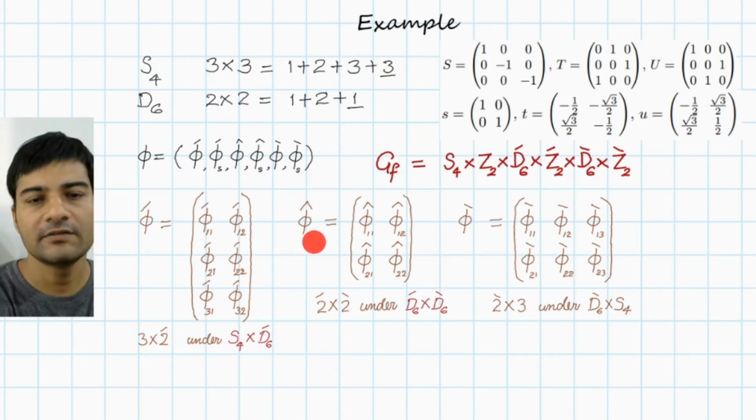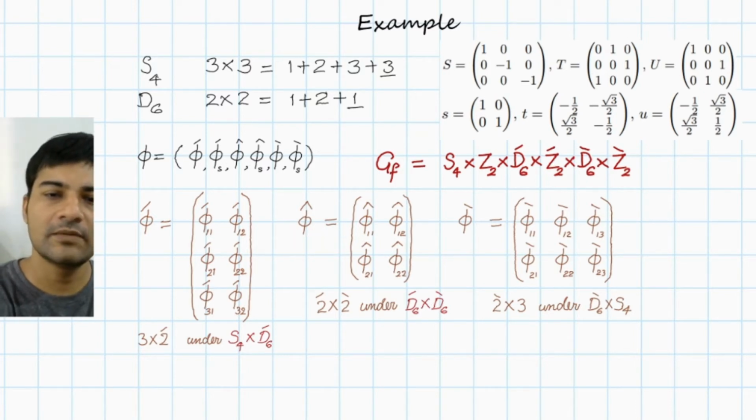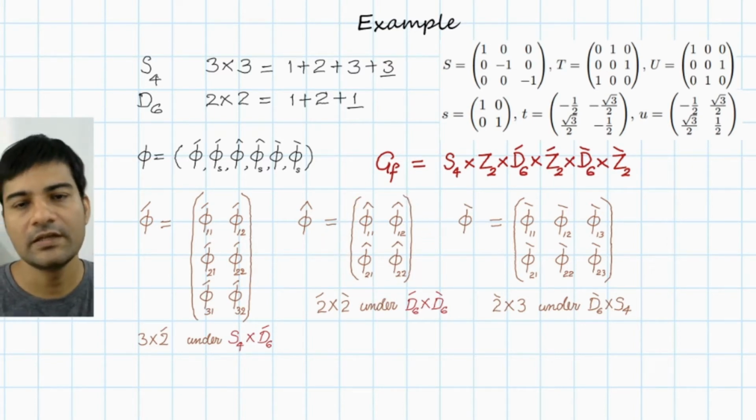And hat phi. This is a doublet in acute D6 and also a doublet in grave D6. So hat phi is a 2 by 2 matrix. Finally, grave phi.